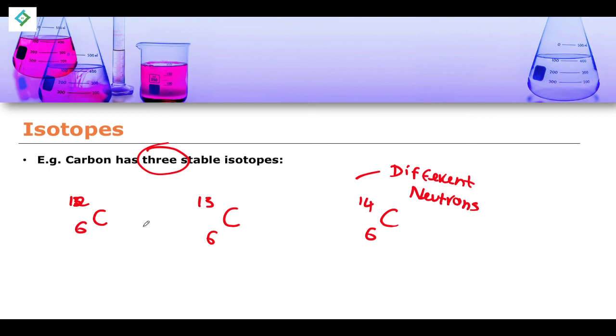But in a lot of senses, it does make a very big difference, in terms of some being more radioactive than others, having the propensity to decay through radiation, and some having different properties in other regards. We will look at different isotopes as we go on through chemistry, but it should be noted that this is the explanation for what isotopes are, and this is an example of an element that has 3 different isotopes, namely carbon.